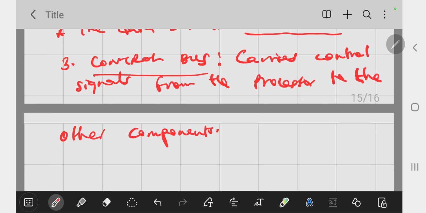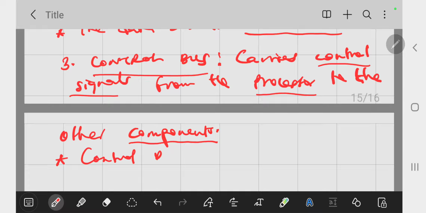Because whenever we mention from the processor to other components, what it's carrying is control signals. This means that a control bus is unidirectional. It can only move from the processor to that other component and not the other way around. So this is what we mean basically by that.